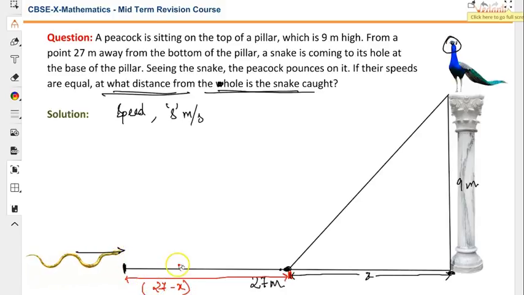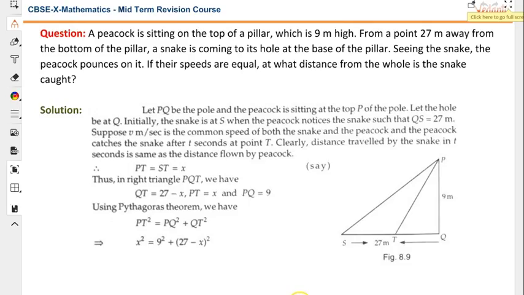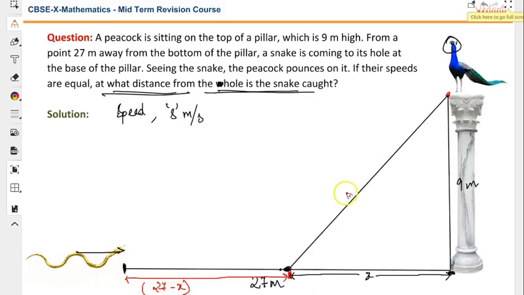Now you see guys, they started at the same time and travel at the same speed, so they will cover the same distance in the same time. So this distance should also be 27 minus x, by logic.